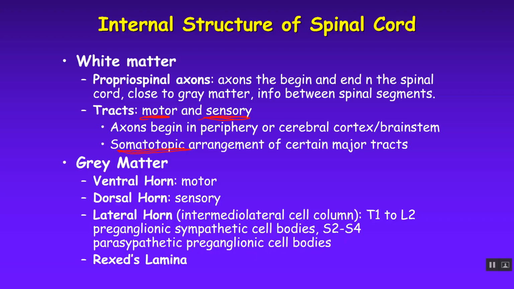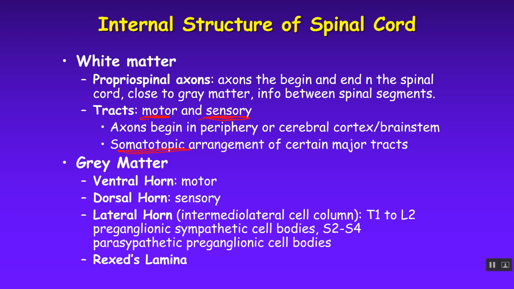That's the white matter. Then we have the gray matter, which we've also already talked about. The ventral horn, which is motor, and then the dorsal horn, which is sensory in nature. And then we do have a lateral horn in the thoracic and upper lumbar, which is associated with the autonomic sympathetic nerve fibers that sit in that lateral horn.